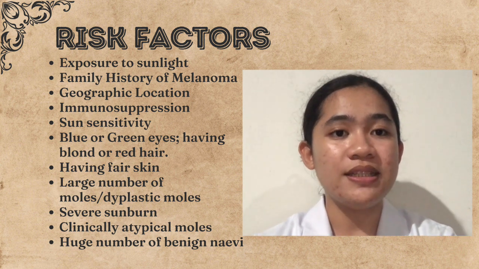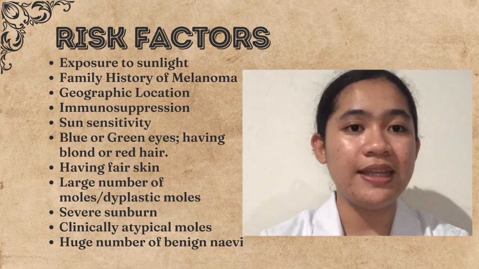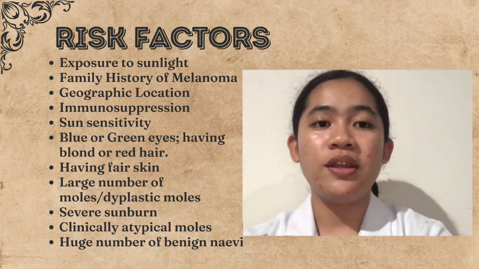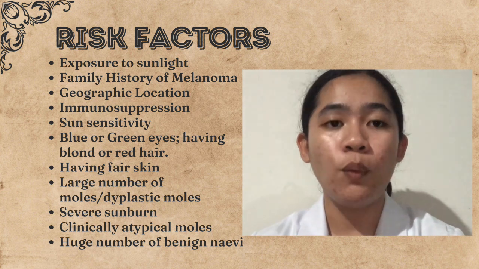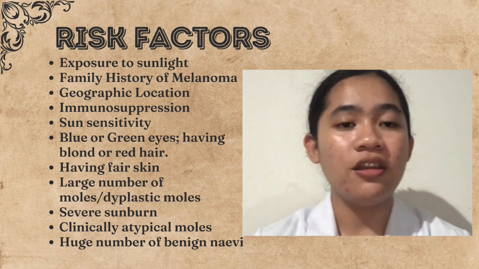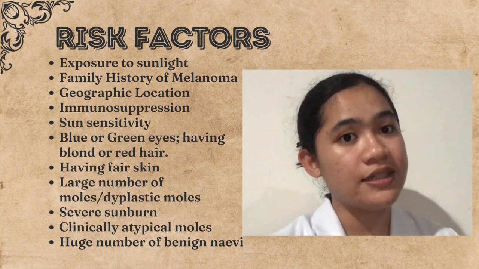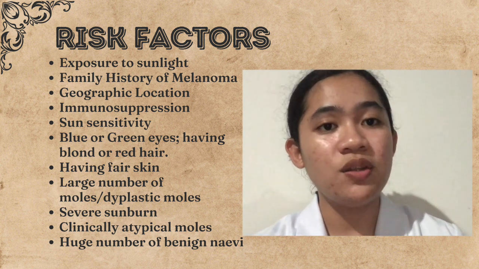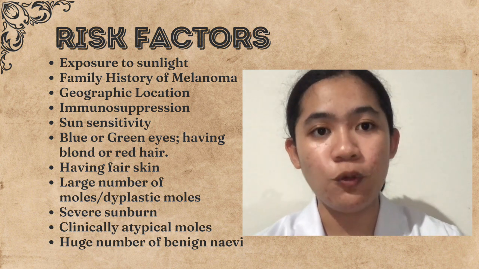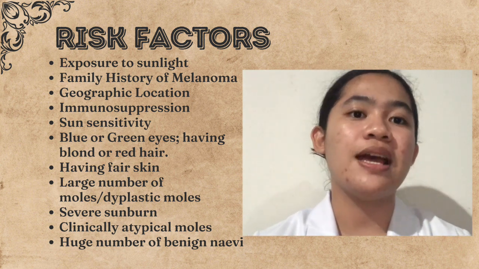Because they have lesser melanin, when they are exposed to the sun, they are most probably more affected than other individuals who have darker skin. But remember, darker-skinned individuals can also have melanoma due to other factors as well.